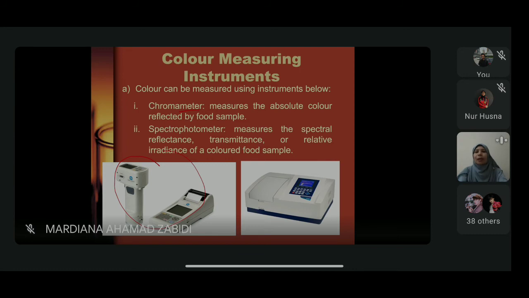But when you are using the spectrophotometer on the right, it will not give you a value as to whether the colour is red, blue, or yellow. No, it gives you certain values in terms of the intensity or the concentration of that particular compound in that particular product.